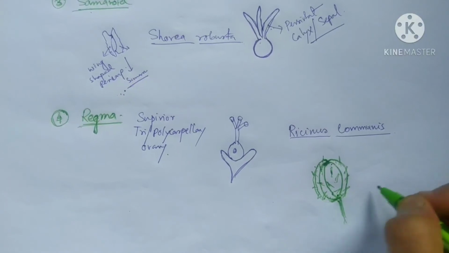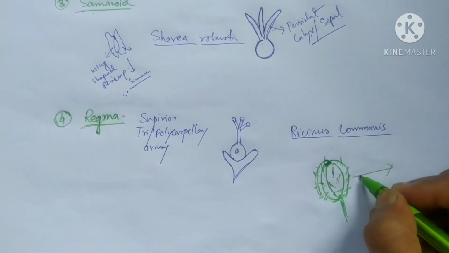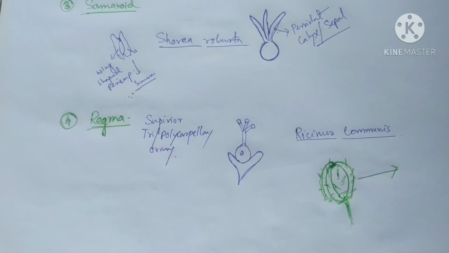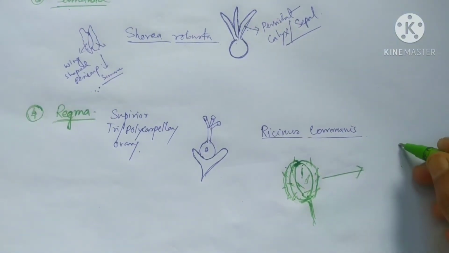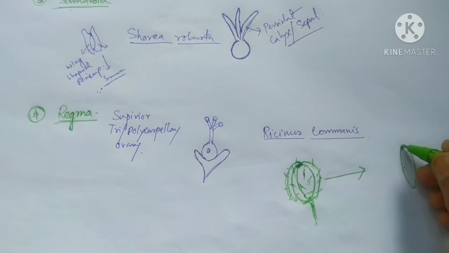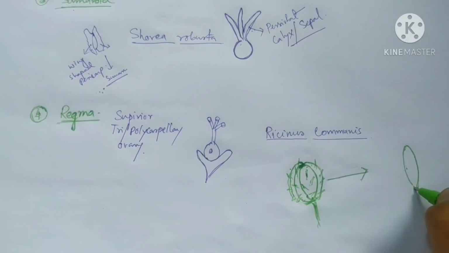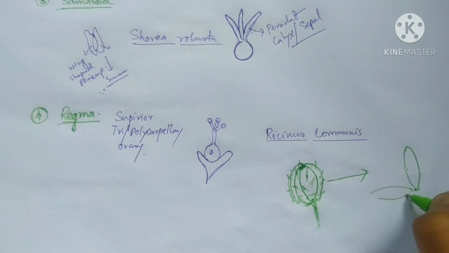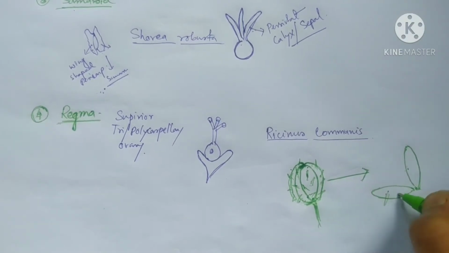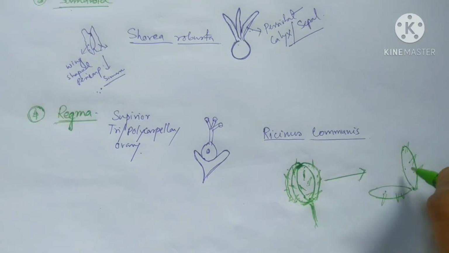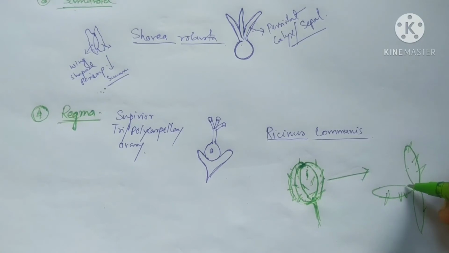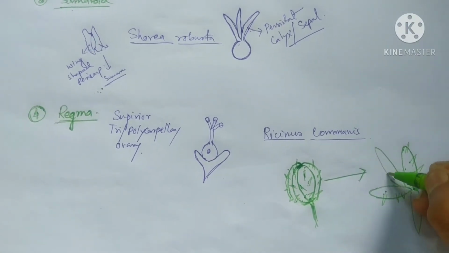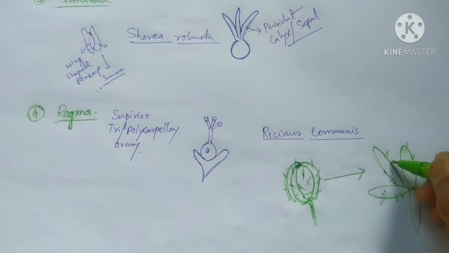So after maturation, this fruit divides or separates, each part separating from each other. Okay, and all parts contain a single seed.